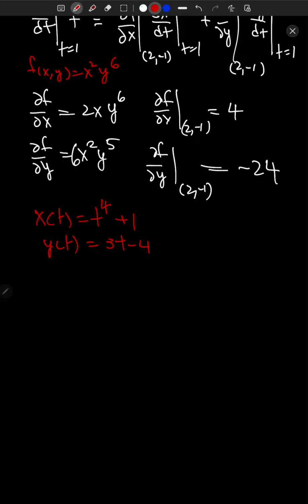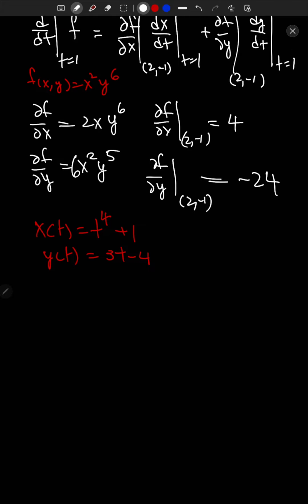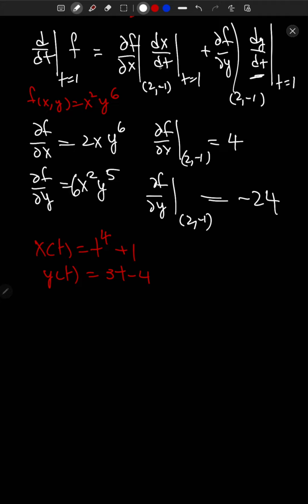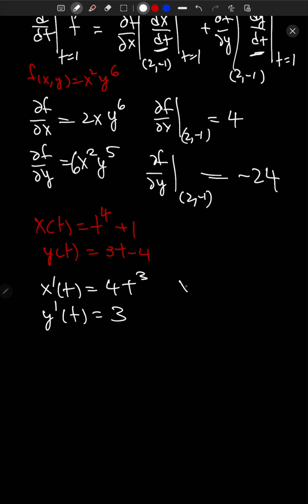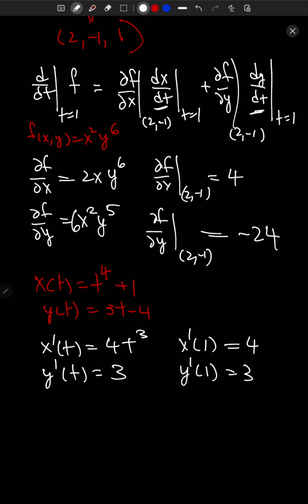We take those derivatives, and this is just one variable calculus. dx/dt, dy/dt, those are just x of t, y of t, so it's just one variable. So x prime of t is equal to 4t cubed. Y prime of t is equal to 3, just a constant. So x prime at 1 is 4. Y prime at 1 is 3. And that's it. We have all the ingredients.